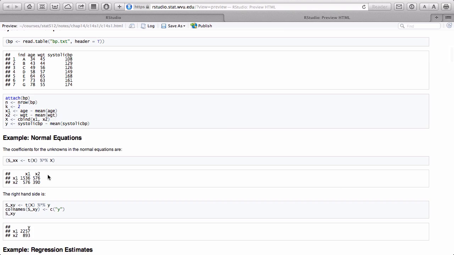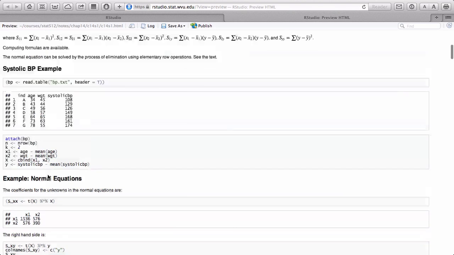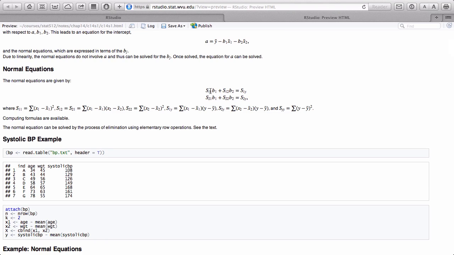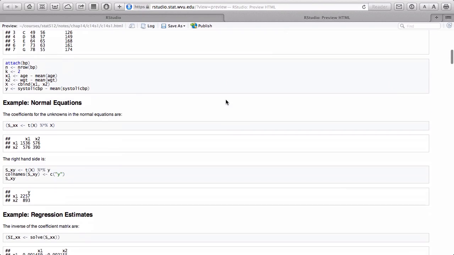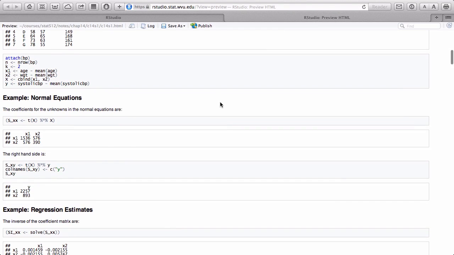And again, I'll give you some notes on this for next time, and we'll go through this in a little more detail. But I'm matrix multiplying the transpose of X times X. And what that gives me are these four numbers, S11, S12, S21, and S22. It gives me what I call the left-hand side coefficients.